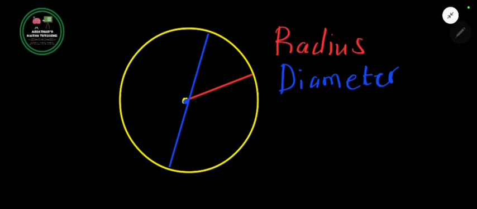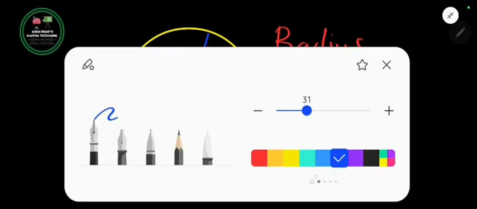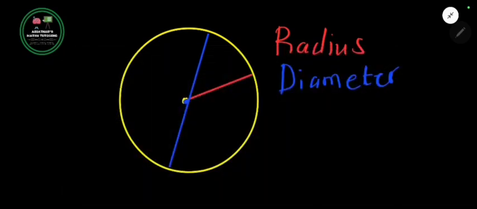What else do we need to learn about the circle? We need to know what is a chord. So guys, I'm just going to show you a chord on our circle there. A chord, guys, is a line with endpoints on the circumference. Any line with the endpoints on the circumference.